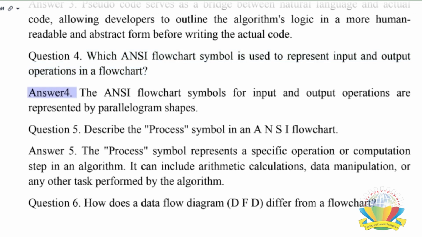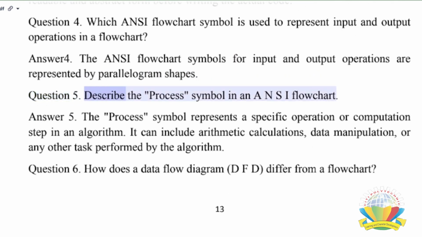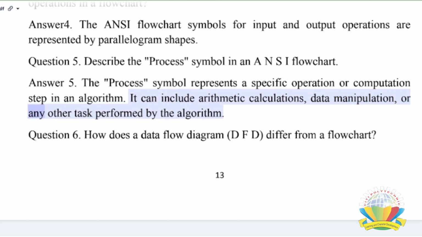Answer 4. The ANSI flowchart symbols for input and output operations are represented by parallelogram shapes. Question 5. Describe the process symbol in an ANSI flowchart. Answer 5. The process symbol represents a specific operation or computation step in an algorithm. It can include arithmetic calculations, data manipulation, or any other task performed by the algorithm.